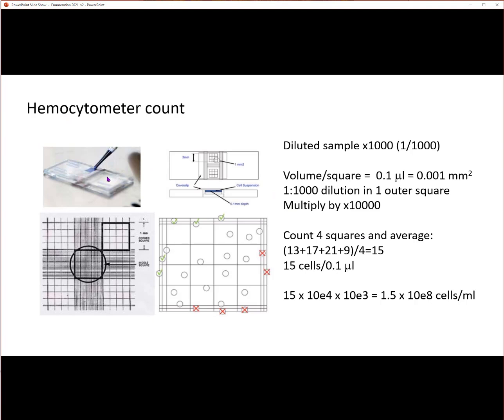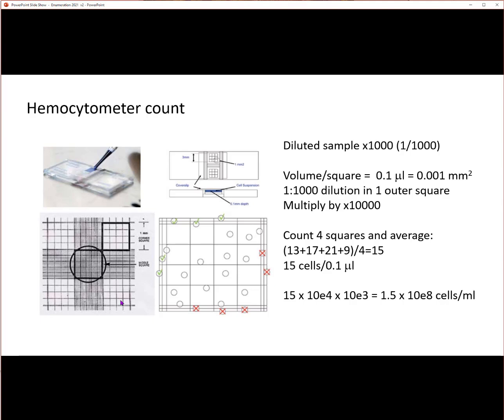The way you load it and use it is you have your hemocytometer, you have a cover slide on it, and then you add 10 microliters of your diluted suspension of cells. And then you look under the microscope, and you can actually see this grid where you have different areas and different lines to count cells.